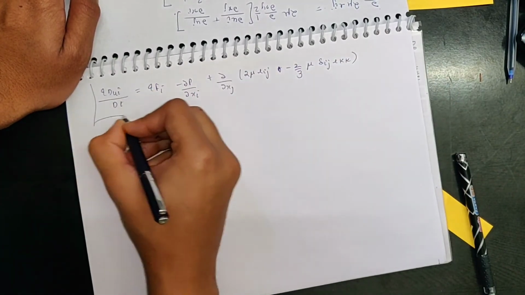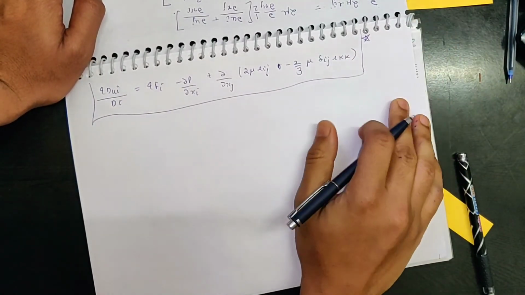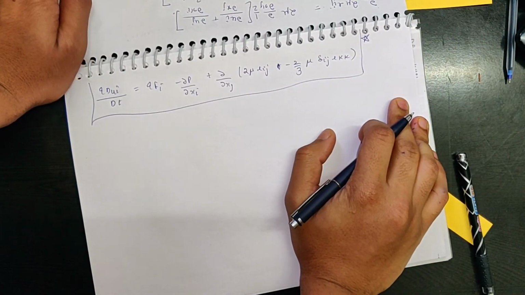This would be the generic expression of the Navier Stokes equation when mu is not constant.